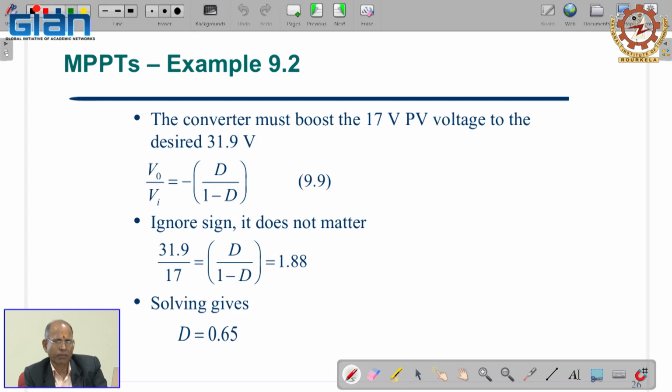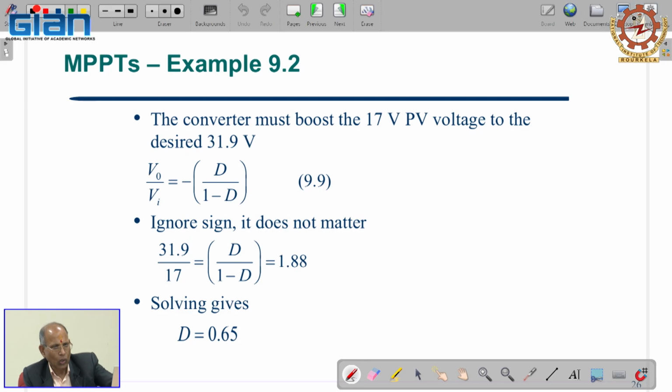So here you will see that when we want to have output voltage higher than input voltage, then the value of D will be higher than 0.5. If you want to have output voltage lower than input voltage, then D will be lower than 0.5.